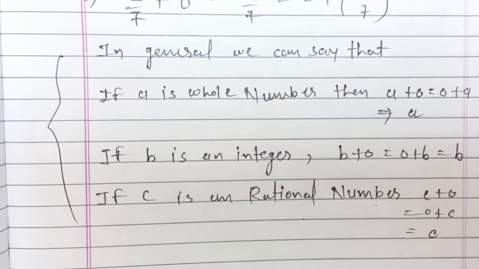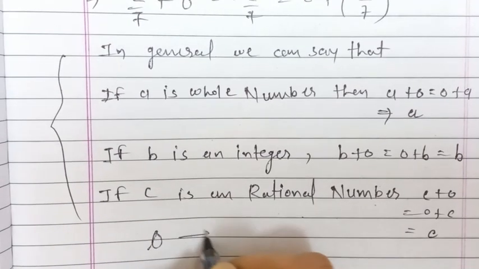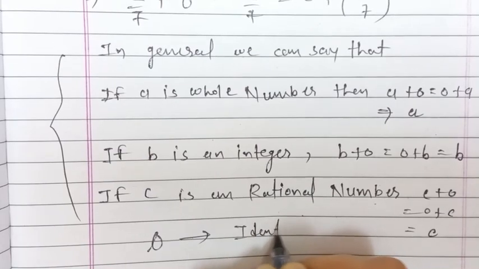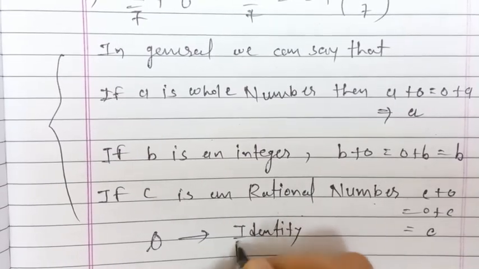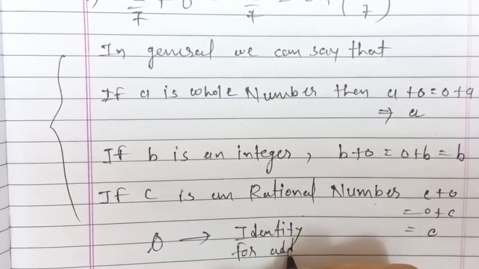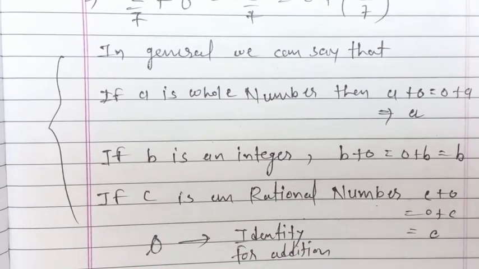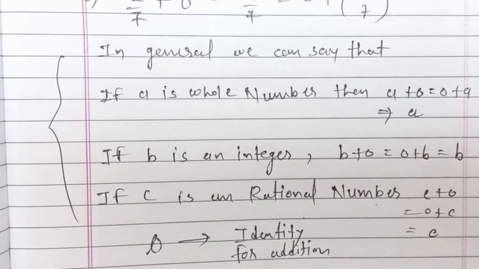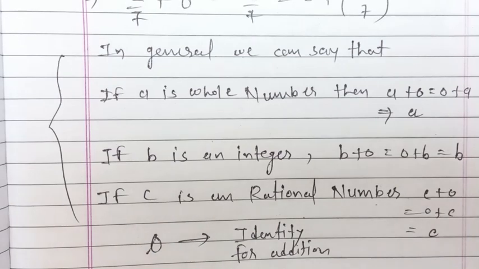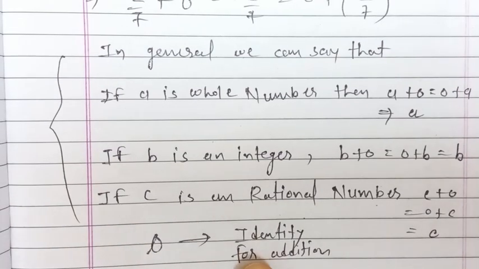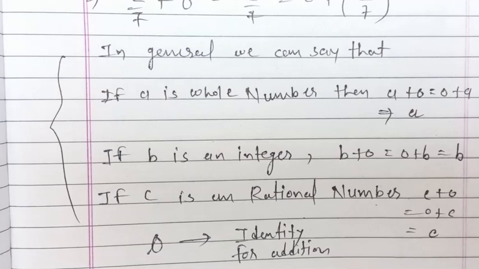0 is called the identity for addition. In any addition, if we add 0, then the answer will not change. So 0 is called the identity for addition.